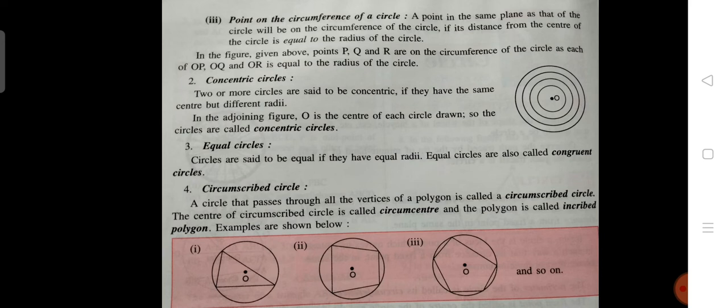Look at that figure. O is the center. The first circle is drawn with the center O. The next circle is drawn with the center O and a different radius, like that.